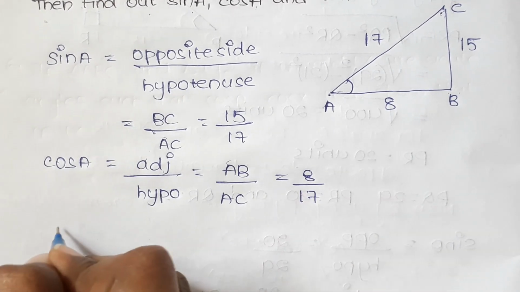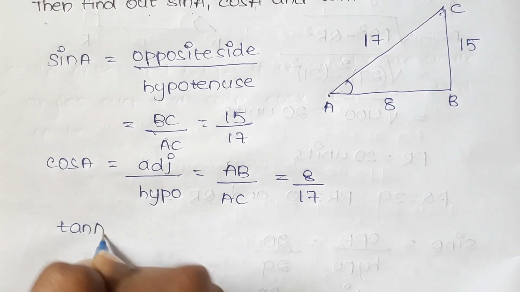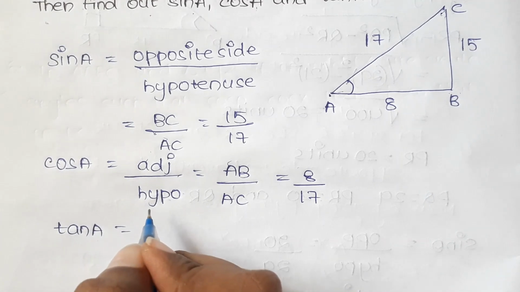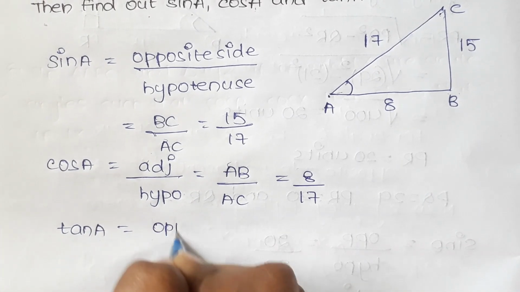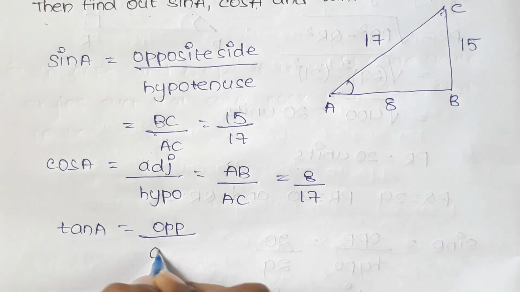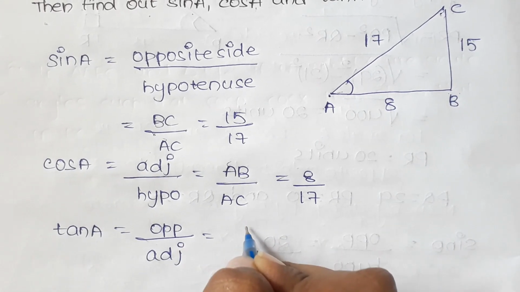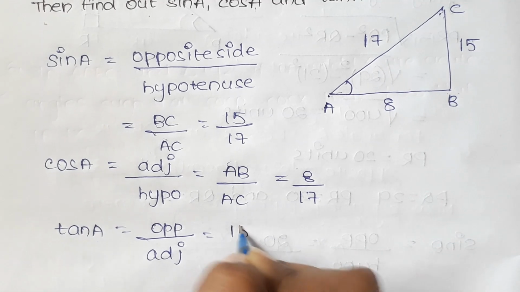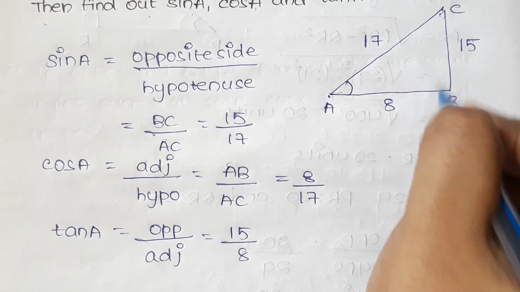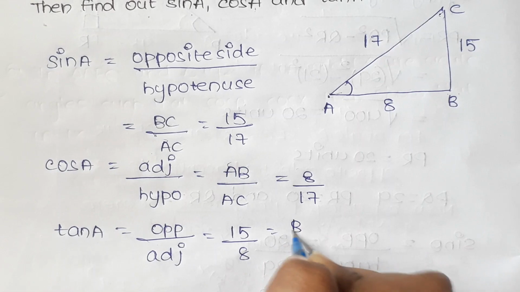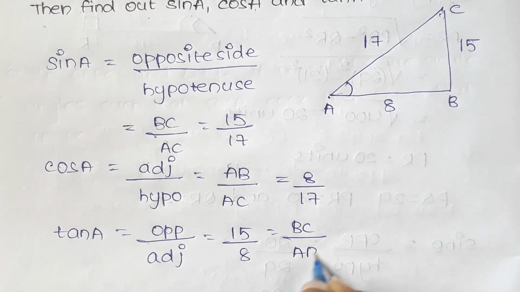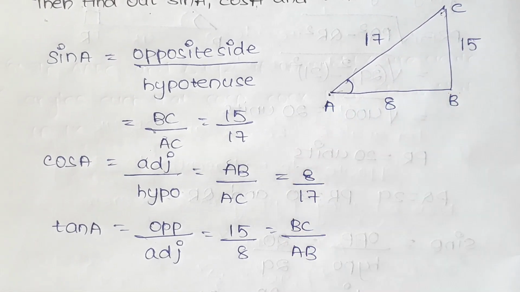And similarly tan A is nothing but opposite side of angle A by adjacent side of angle A, that is 15 by 8. 15 by 8 is nothing but BC by AB, opposite by adjacent.